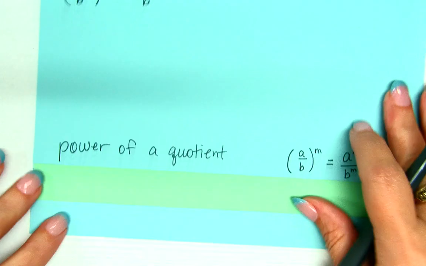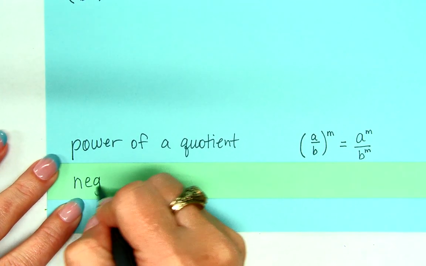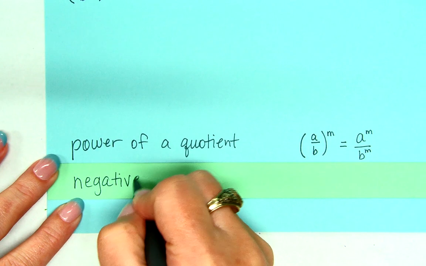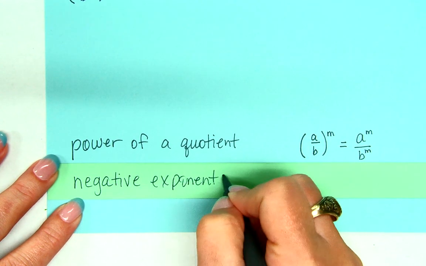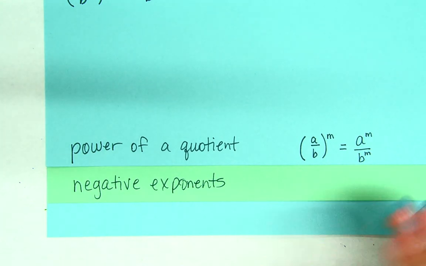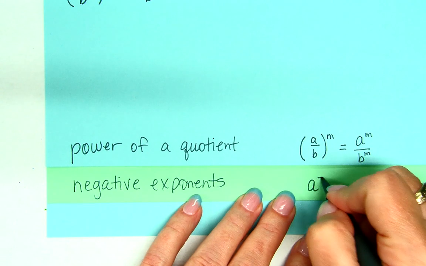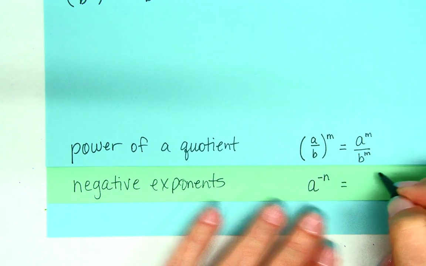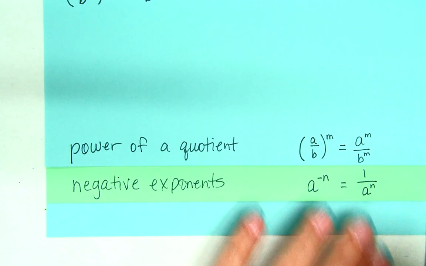Okay. So the next tab is going to be the one I told you we were going to have. Negative exponents. Because as much as we don't want to have them, sometimes we get them. And we got to know what to do with them. Okay? So the rule says a to the negative n actually equals 1 over a to the n.